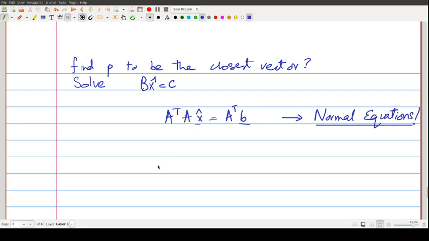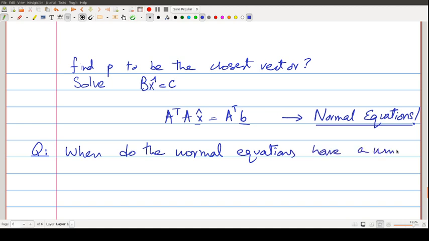Okay, and so the question is, of course, when do the normal equations have a unique solution? Because I want to solve this system, I want to find out when these normal equations have a unique solution, because it's not guaranteed.